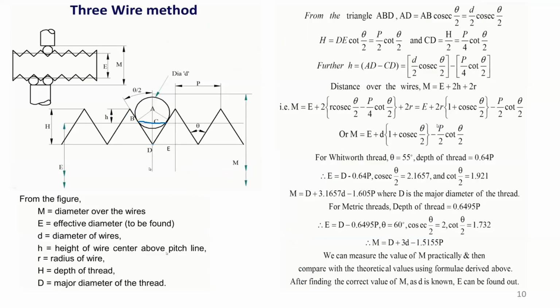Therefore, we require only this, so this becomes pitch by 4. This total length is pitch by 2, and this also makes the same length. So that is pitch by 2 into cot theta by 2.